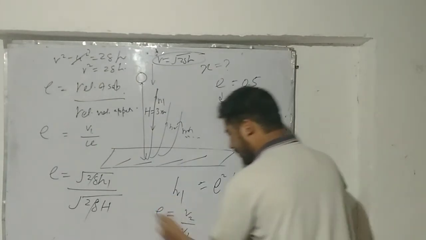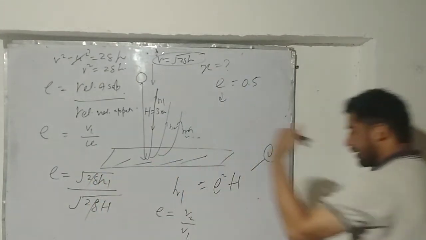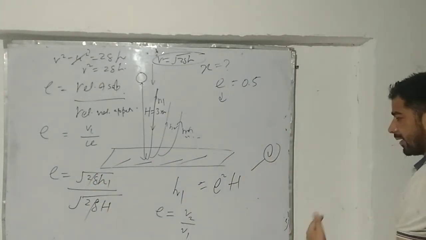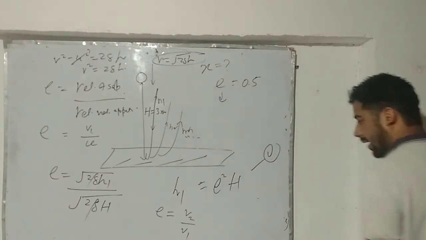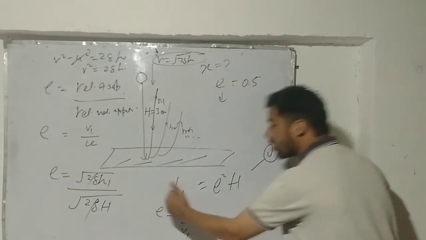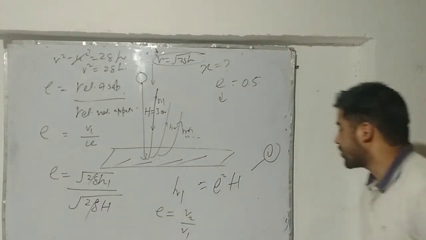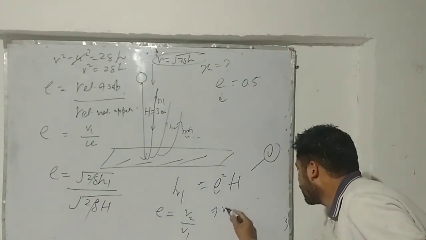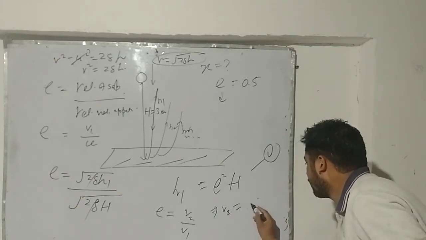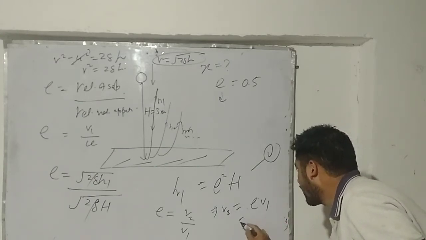I am going to follow this sequence in order to get exactly my value of x. It is self-understood right now, okay. It is based on the previous step, but my v2 will be e times v1, okay.